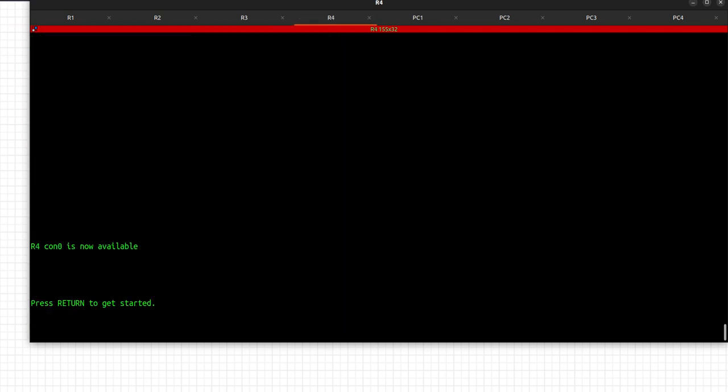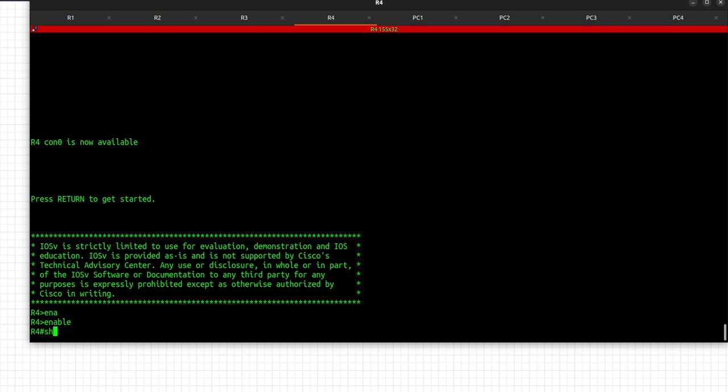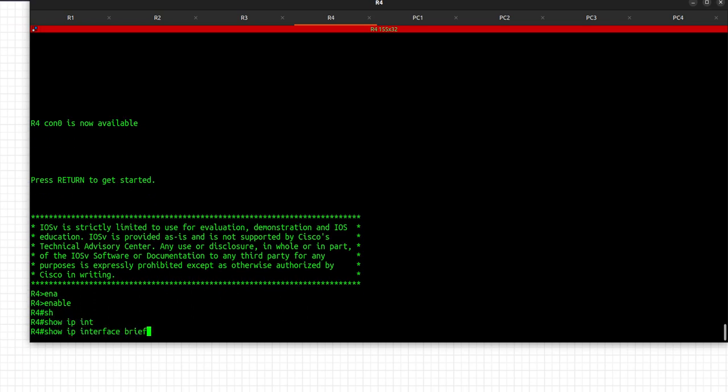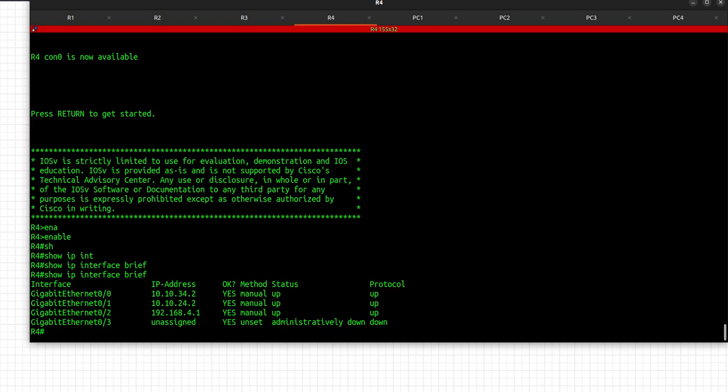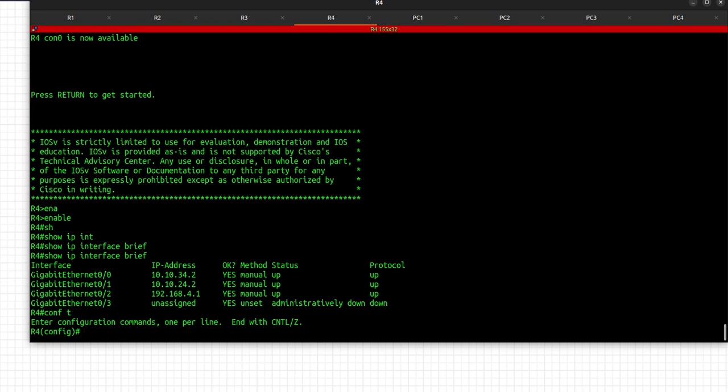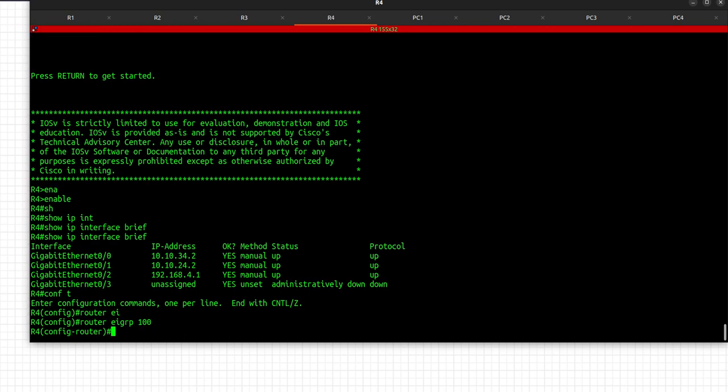Okay, now let's go to the last one, router 4. Let's verify that all the interfaces are configured and they are up. Yes, indeed. Let's go to global configuration mode. Router eigrp autonomous system 100.